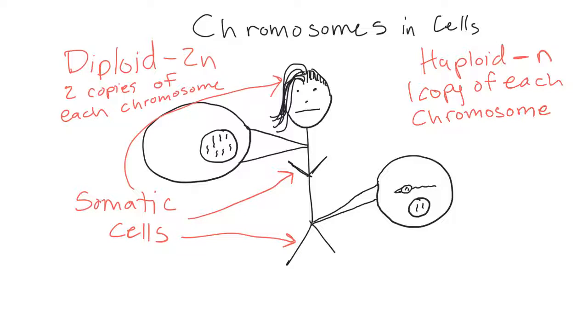Okay, so the process by which you get 2 copies down to 1 copy is called mitosis. And this occurs in gametes, or also called sex cells.